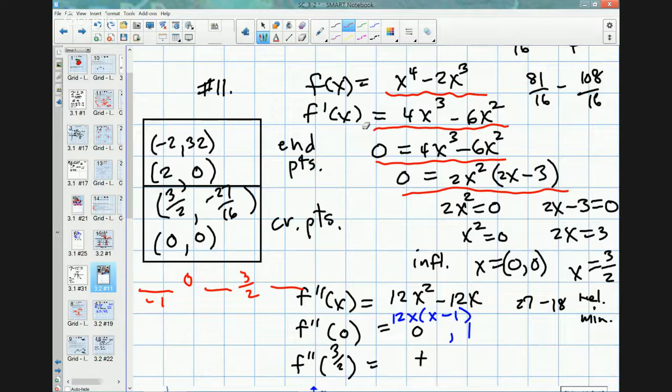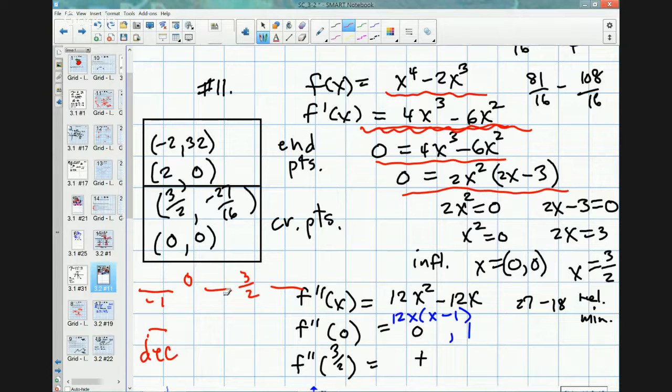So what's f prime of -1? Just go up to this line right here. What is f prime at -1? Well, -1 cubed is -1. -1 times 4 is -4, and -4 minus 6 is a negative. So that's a negative, therefore this is decreasing.